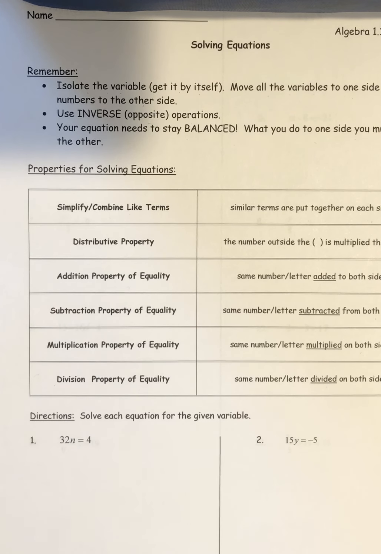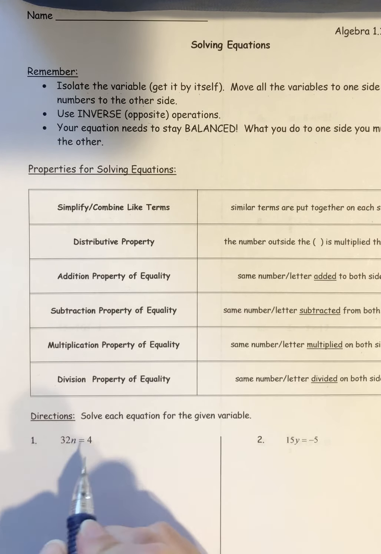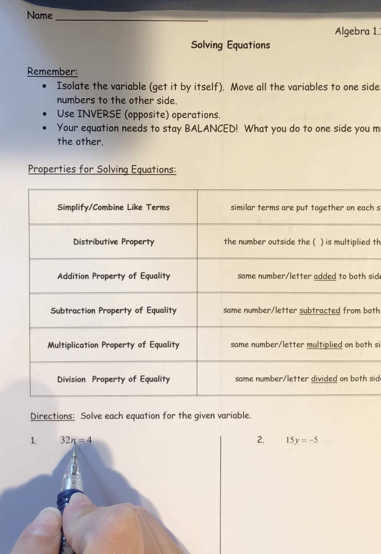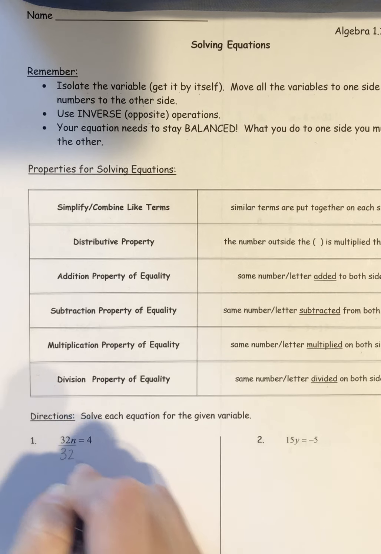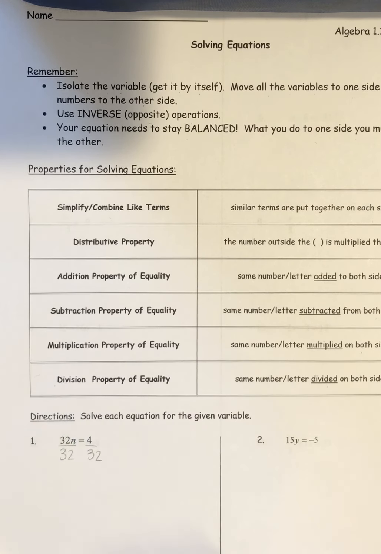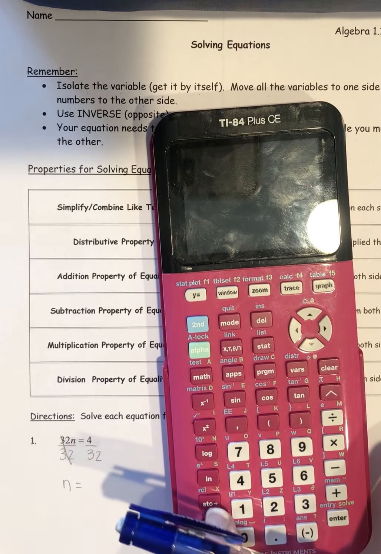So if we look at number 1, it says to solve for the given variable. Well, my variable is n. If I'm trying to get n alone, right here is 32 times n. The opposite of multiplication is division, so I'm going to divide both sides by 32. So here we'll cancel. I'll be left with n there. Be careful, don't get tricked by the division.